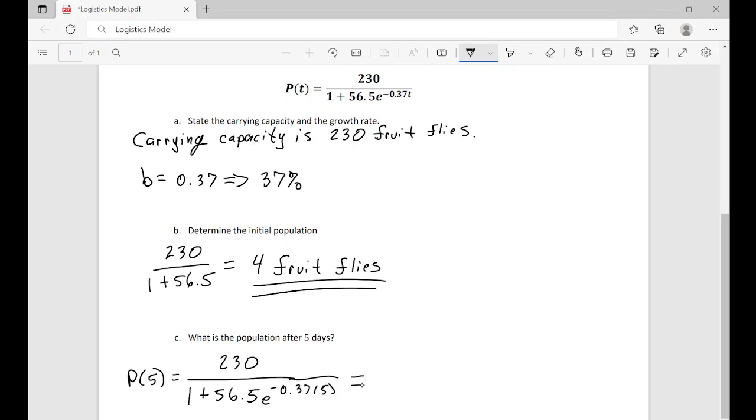And just like with most everything else with exponentials like this, we're just going to let a calculator do our work. In this case, we are going to get 23 fruit flies. You actually get a decimal, but like before, you can't have part of a living creature, so you need to round down. In this case, I'm rounding down to 23.